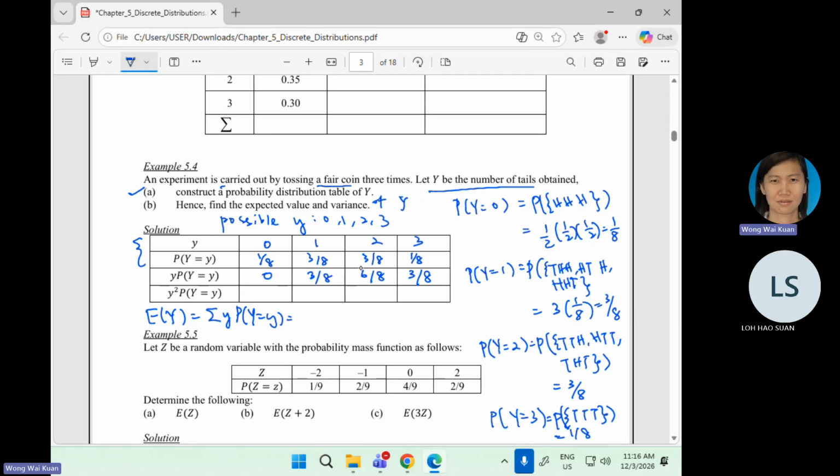When you sum, what do you get? 12 over 8, which is 3 over 2.